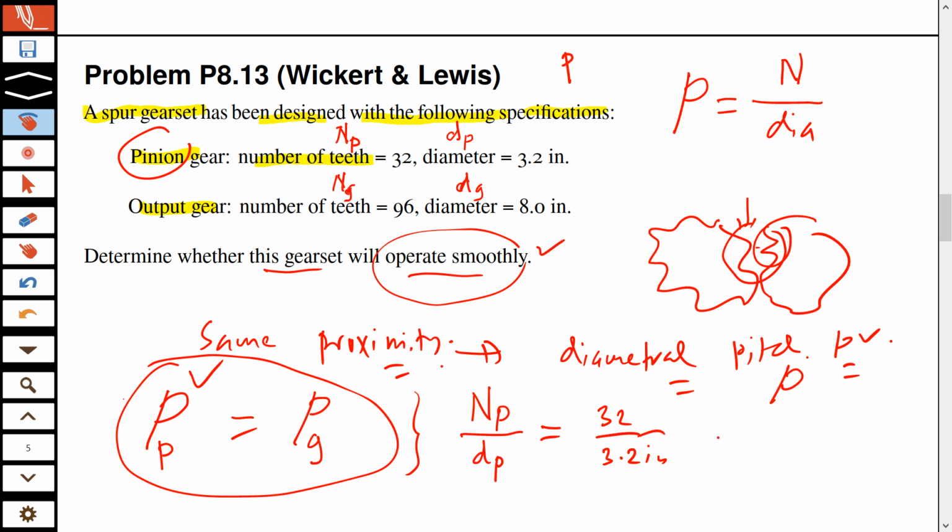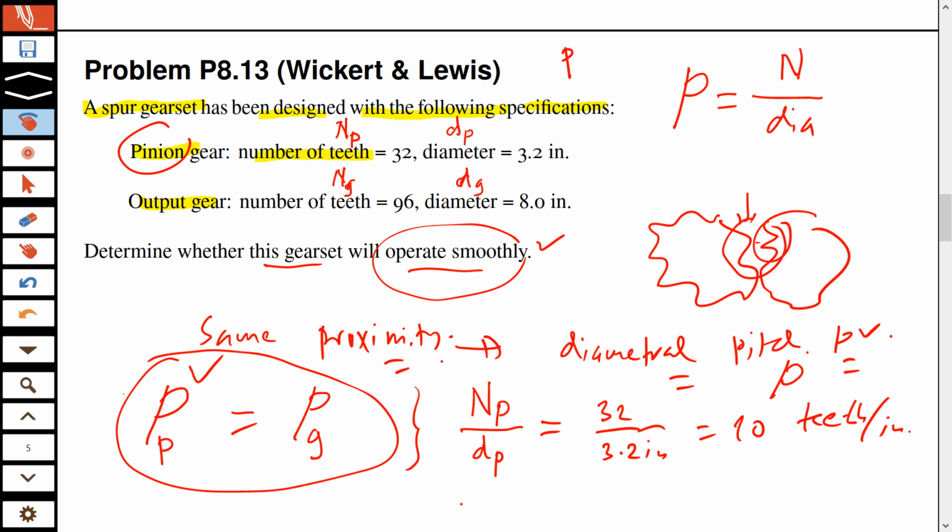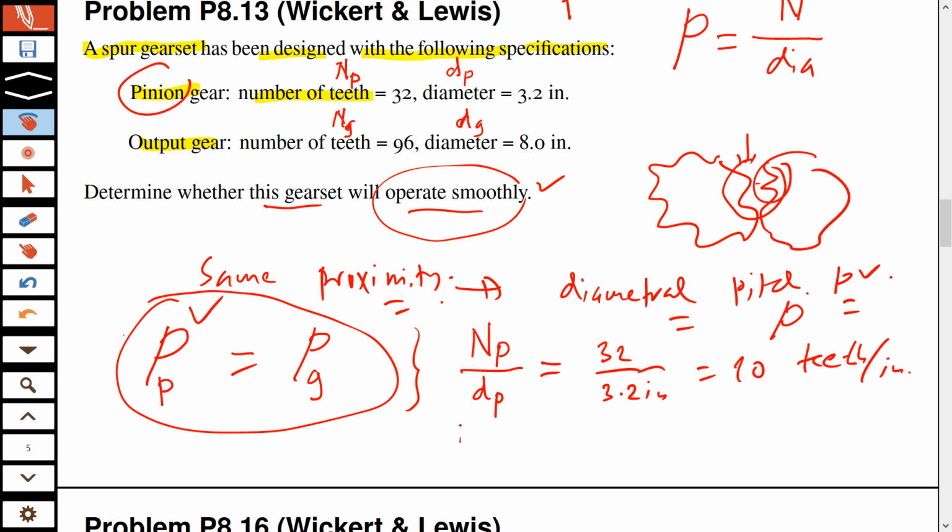So you will get, I think, 10 teeth per inch. And let's calculate the same ratio for the output gear. It's NG over DG, and that is 96 teeth divided by 8.0 inch. Now 96 divided by 8.